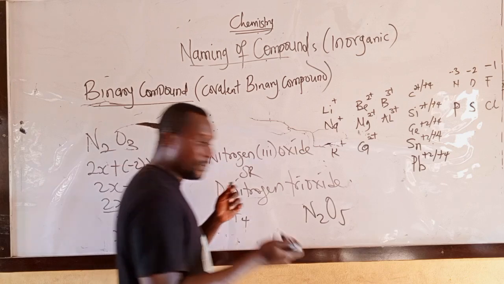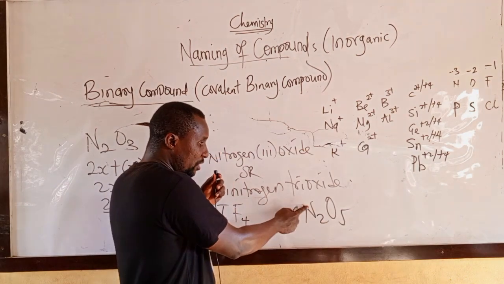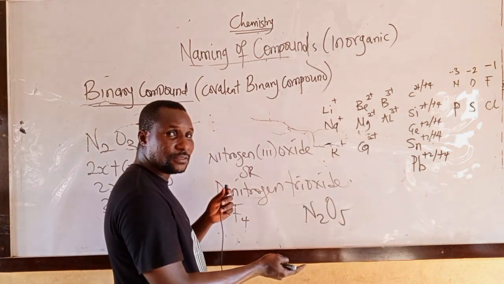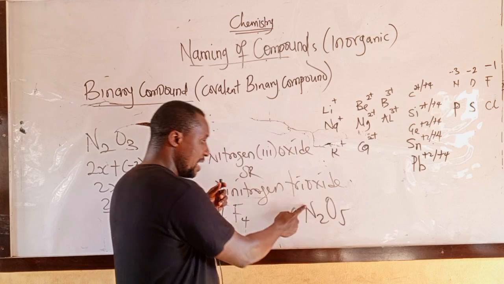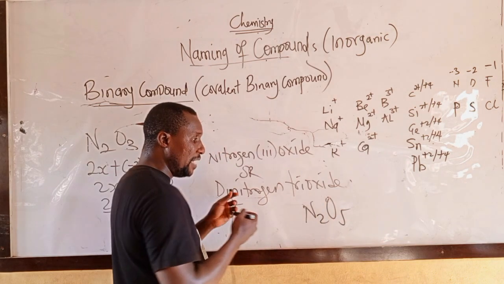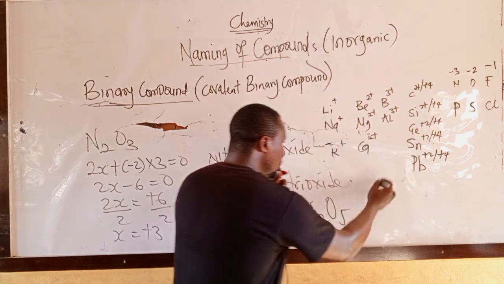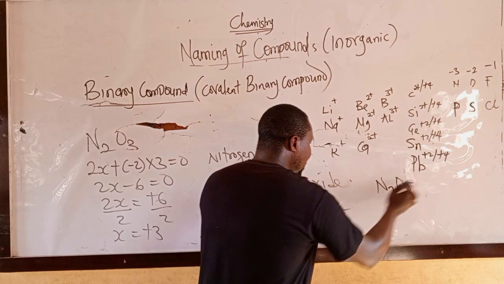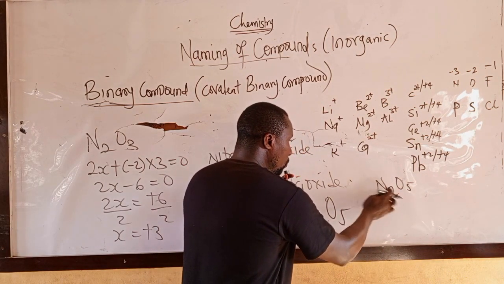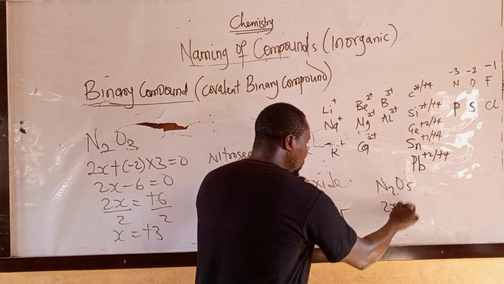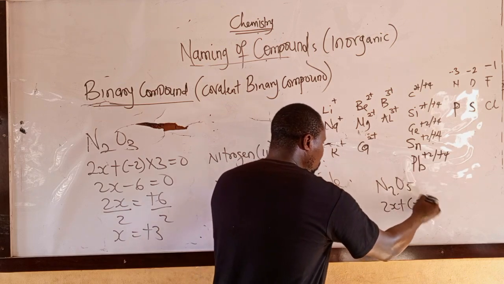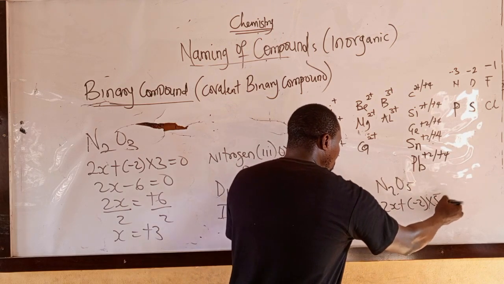If I want to use prefix, I will say dinitrogen pentaoxide. Or I can calculate the oxidation number of nitrogen. Unknown, how many nitrogen? 2, so 2x plus oxygen, -2 times 5, equal to 0.